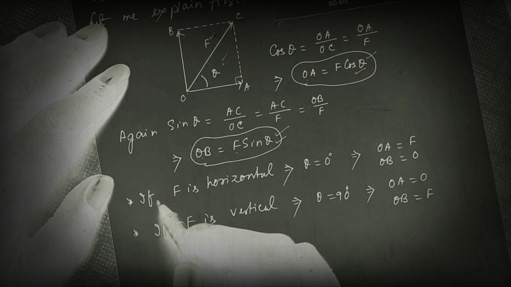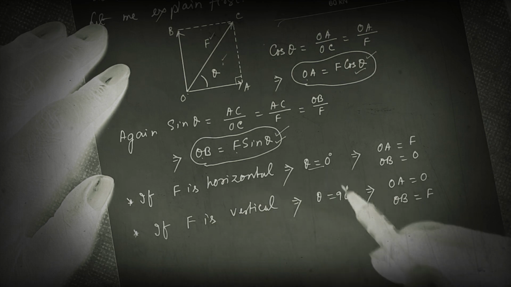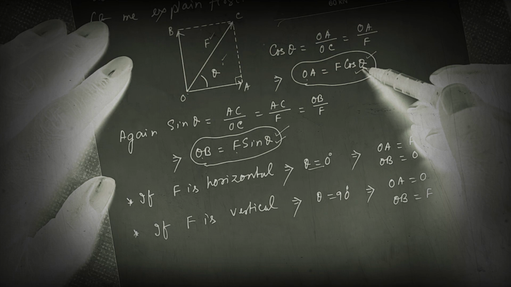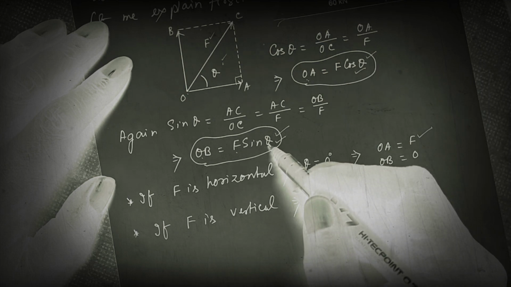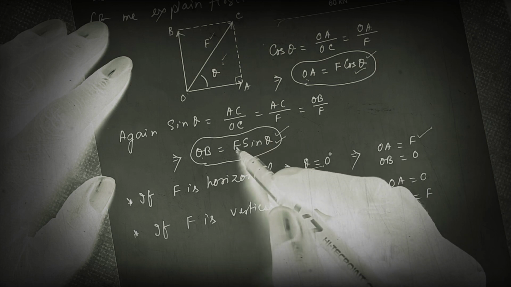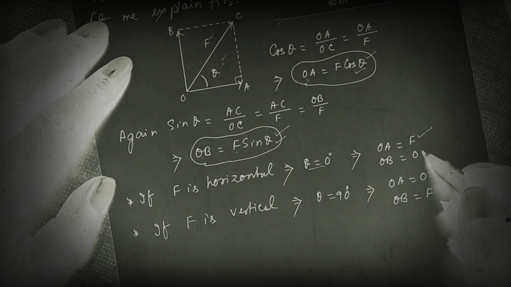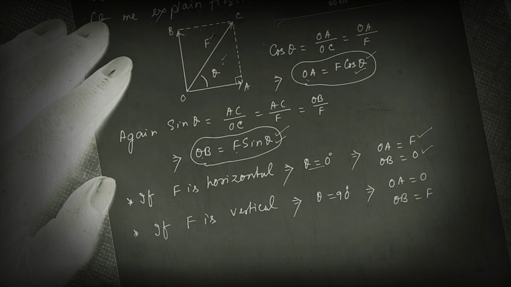If F is horizontal, that is theta is equal to 0, put theta is 0, cos 0 is 1, so OA becomes F. Put theta is equal to 0, sin 0 is 0, multiplied by F is 0, so OB is equal to 0. Means if a force is horizontal along x-axis, it doesn't have a component along y-axis.